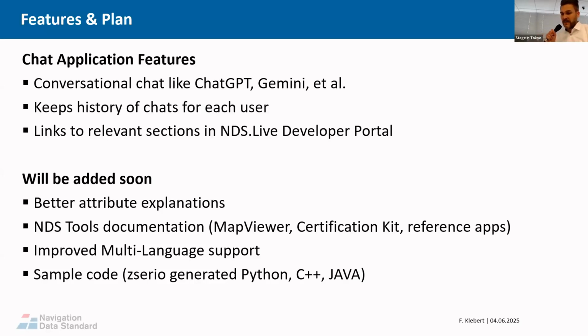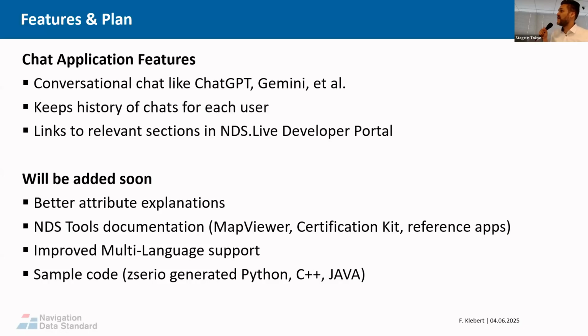We have the same thing. And it also links to relevant sections in the developer portal. So it always gives you the source where you can find and read up. In case you don't trust the LLM, because it depends on what you're asking, all the LLMs sometimes hallucinate a bit. So it's always good to read it up with the links that it provides.